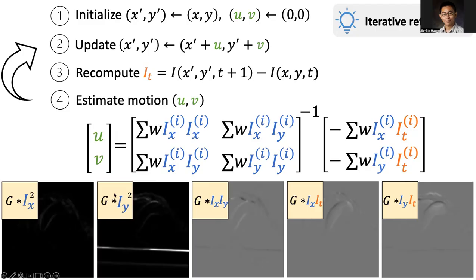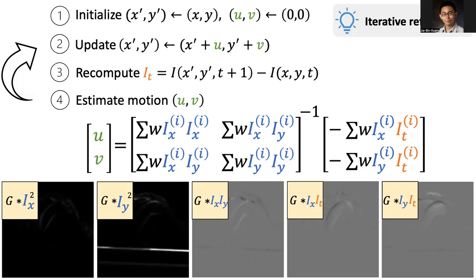When you iteratively estimate these things, you will converge to 0. And actually, this is how you can implement a termination condition, right? When your update U and V is sufficiently small, then you break out of the loop. You don't need to estimate it anymore. So this is the first trick, the iterative refinement.